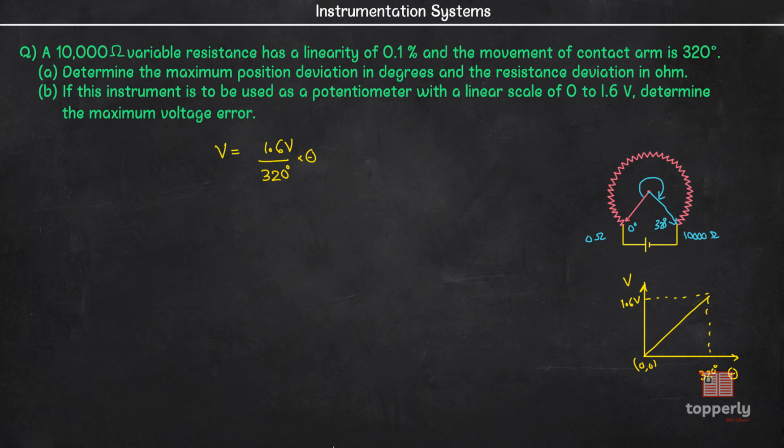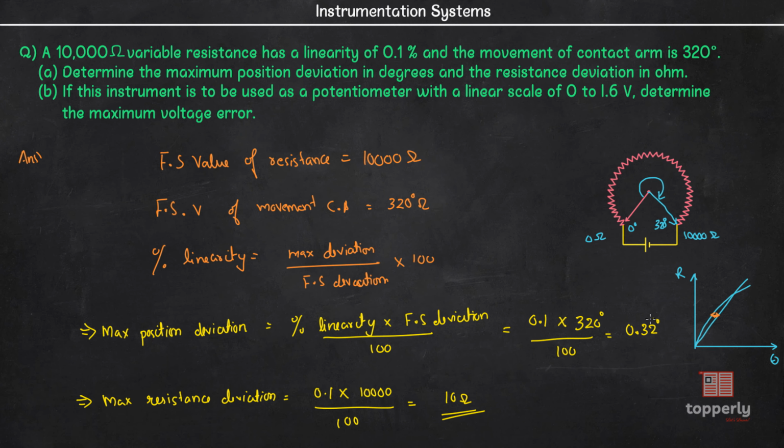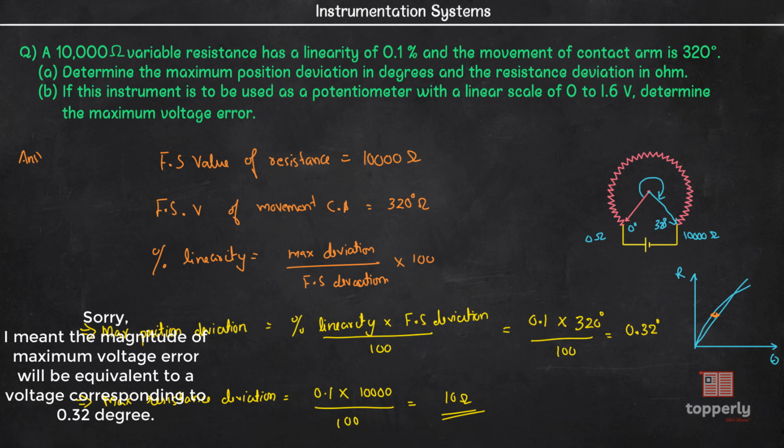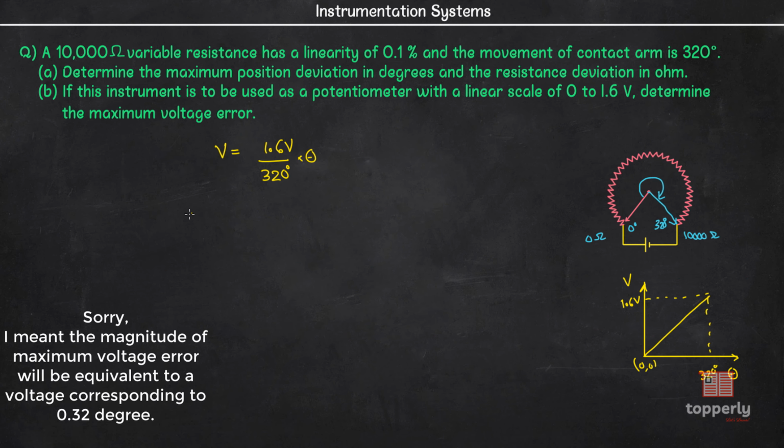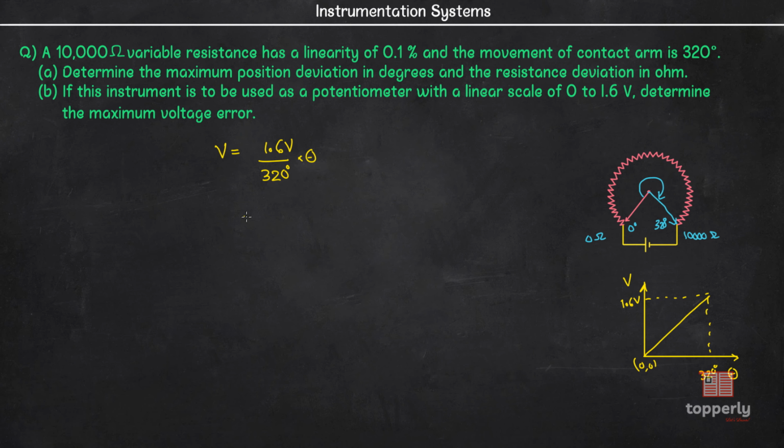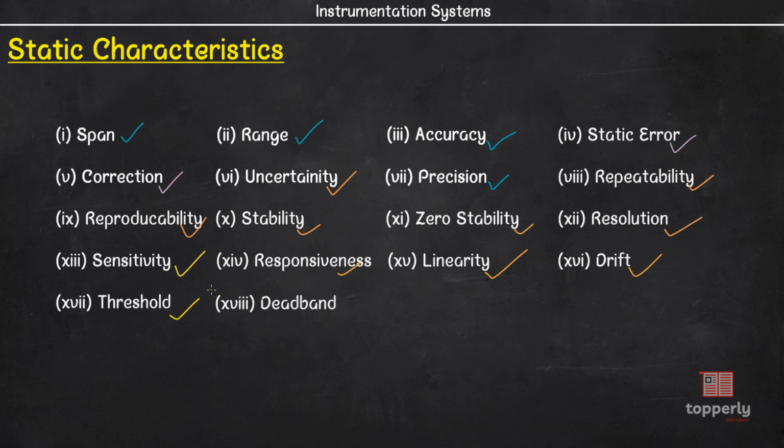We know that the maximum deviation in degrees was 0.32 degree, so the maximum voltage error occurs at 0.32 degree. Let us find the voltage corresponding to 0.32 degree. Therefore, 1.6 by 320 degree into 0.32, which is 1.6 into 10 raised to minus 3 volts. So the maximum voltage error is 1.6 millivolt.